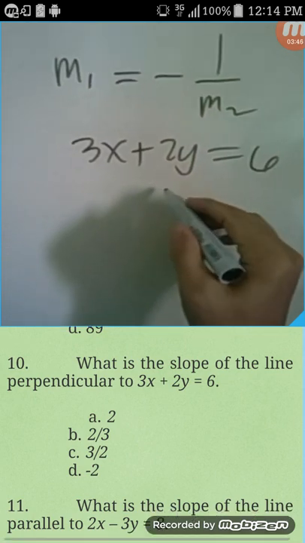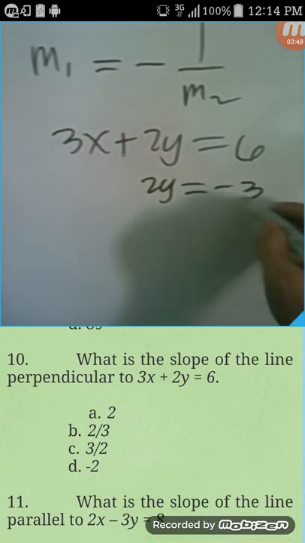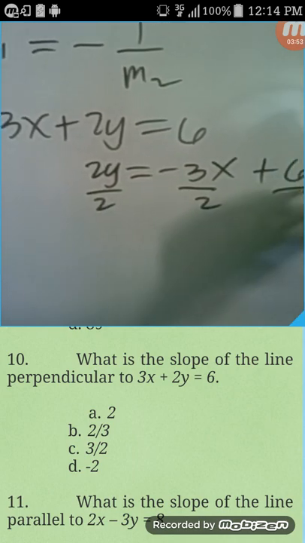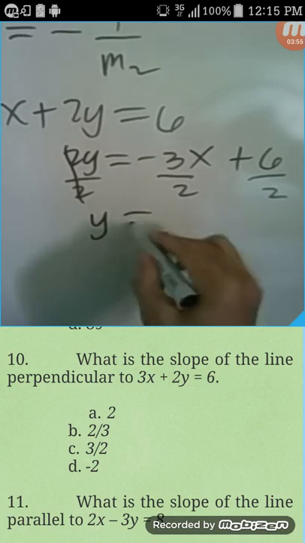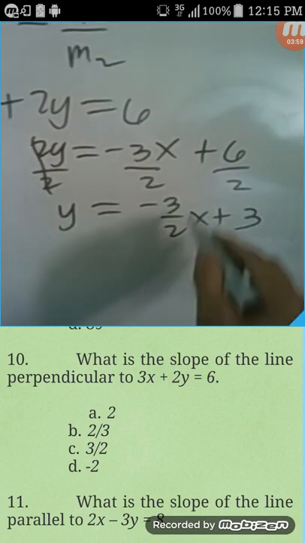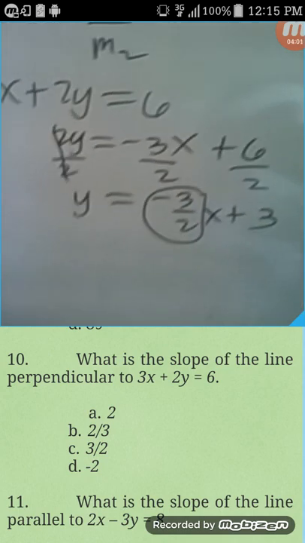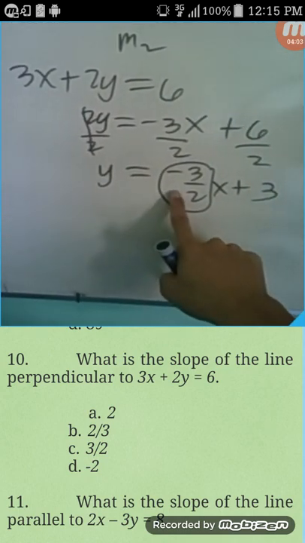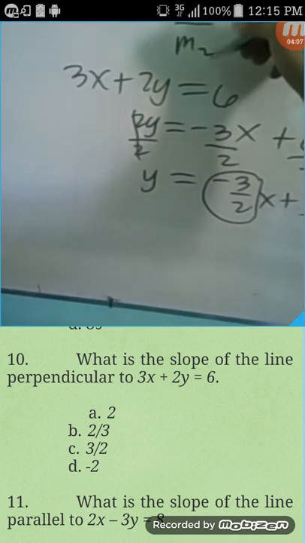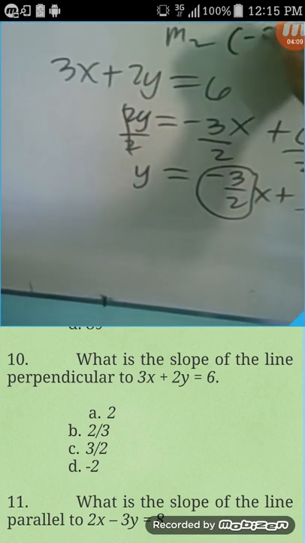So we have 2y equal to negative 3x plus 6, dividing by 2, so y is equal to negative 3 over 2 x plus 3. Now, this is our slope, our m, negative 3 over 2.